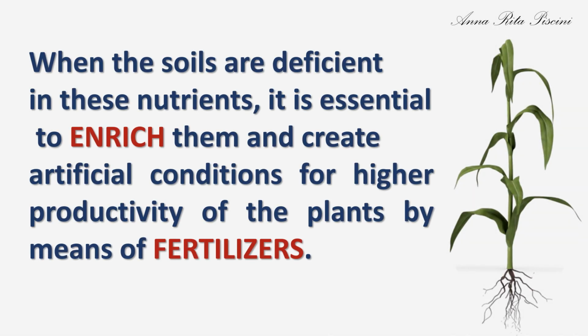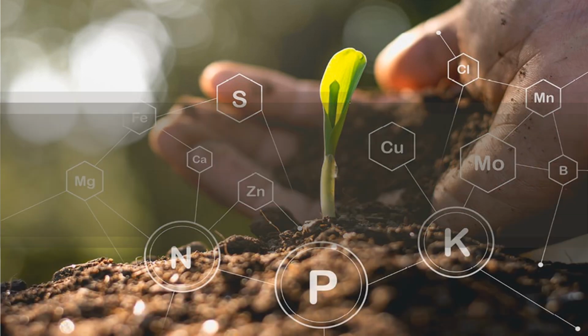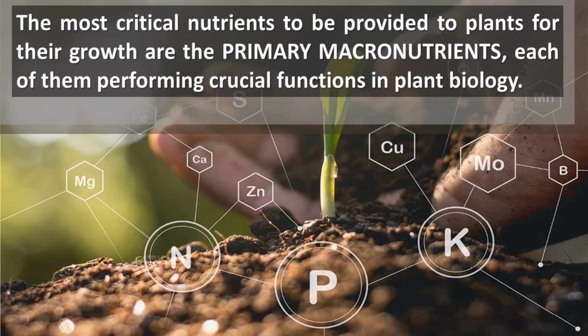When the soils are deficient in these nutrients, it is essential to enrich them and create artificial conditions for higher productivity of the plants by means of fertilizers. The most critical nutrients to be provided to plants for their growth are the primary macronutrients, each of them performing crucial functions in plant biology.